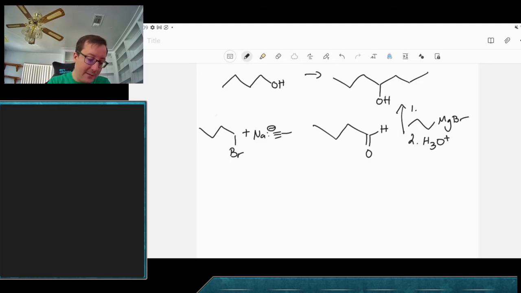So probably less useful, because we're going to have to do a lot more stuff to then take that alkyne now that we have. We're going to have to do some hydroboration, oxidation, and then reduction. So it's even more steps. So generally speaking, when you have an alcohol and you've added carbons, Grignard is the way to go.